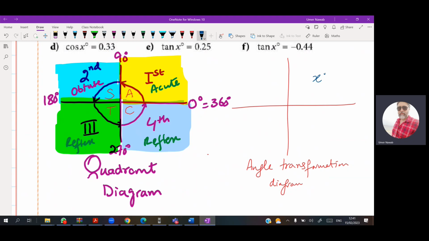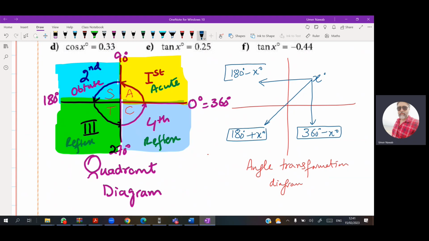If I give you X and you want to transfer this angle to the second quadrant, the formula is 180 minus X. If you want to transfer this angle into the third quadrant, the formula is 180 plus X. If you want to transfer into the fourth quadrant, the formula is 360 minus X. So these three formulas are the key formulas for the transition of any acute angle, which the calculator gives you, into the second, third, and fourth quadrants.